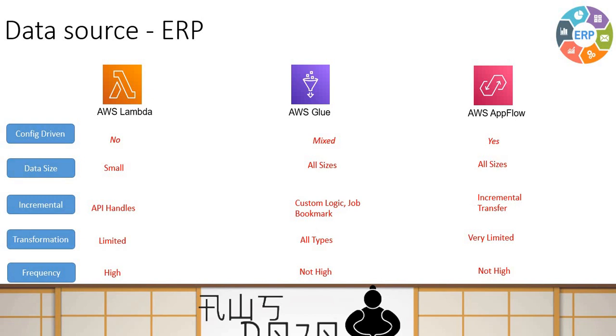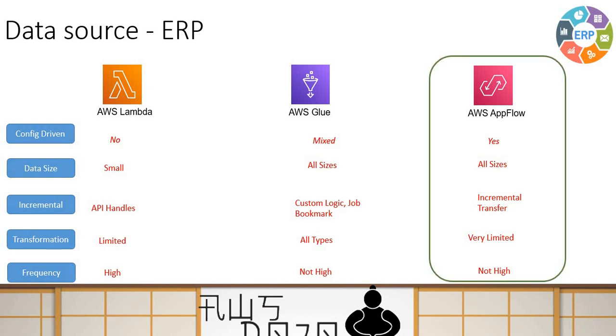So when you're trying to select between these three choices, actually my first option will be AppFlow. And why am I going for AppFlow? Because when I'm ingesting my data into the raw bucket, transformation is not such a requirement for me.